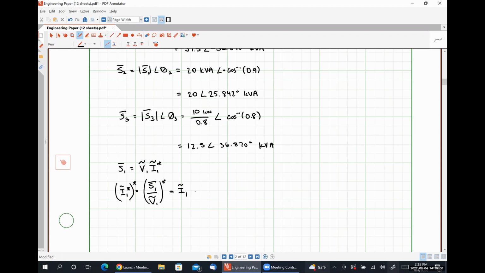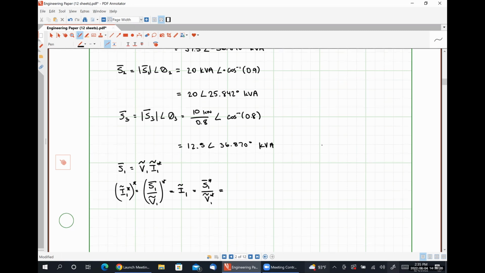So I1 is going to be the complex conjugate of S1 over the complex conjugate of V1, because when I conjugate a fraction, I conjugate both the numerator and the denominator.